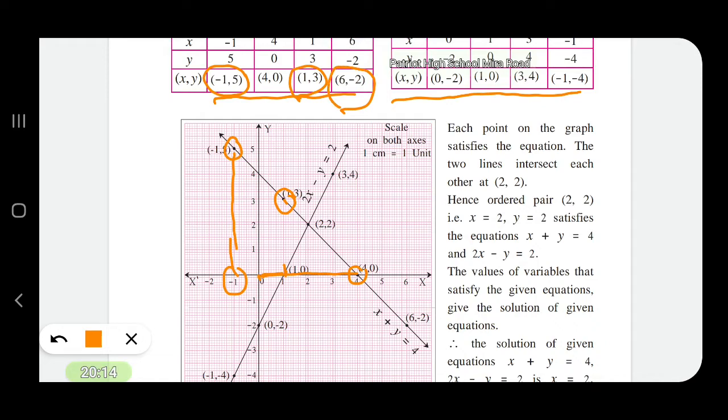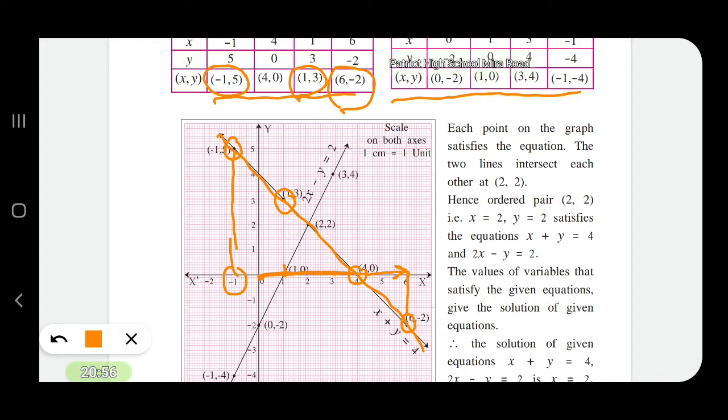You move plus 6 in the x direction. 1 2 3 4 5 6, you have moved up to here, and from there you move minus 2, means below the x axis. So you move below the x axis, you have this point 6 and minus 2. So you have the 4 points. If you hold a ruler against all these 4 points, you will find that they are collinear. So you get this line joining all the 4 points.